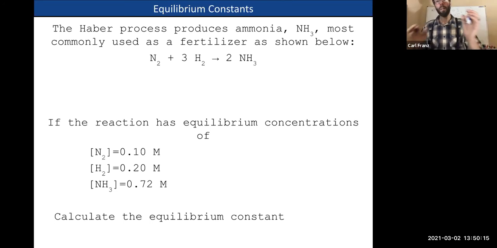But anyway, it's a very simple reaction, right? Nitrogen gas and hydrogen gas forms ammonia. And if we say that the equilibrium concentrations are the following, calculate the equilibrium constant. So you guys do that, just plug and chug. Of course, you got to know your equilibrium expression, but we know that because we've done it several times now, products over reactants.